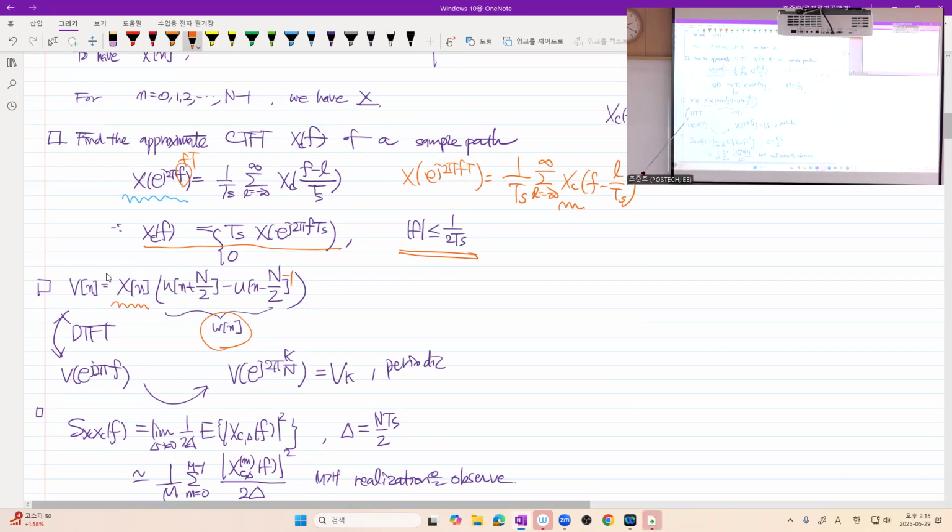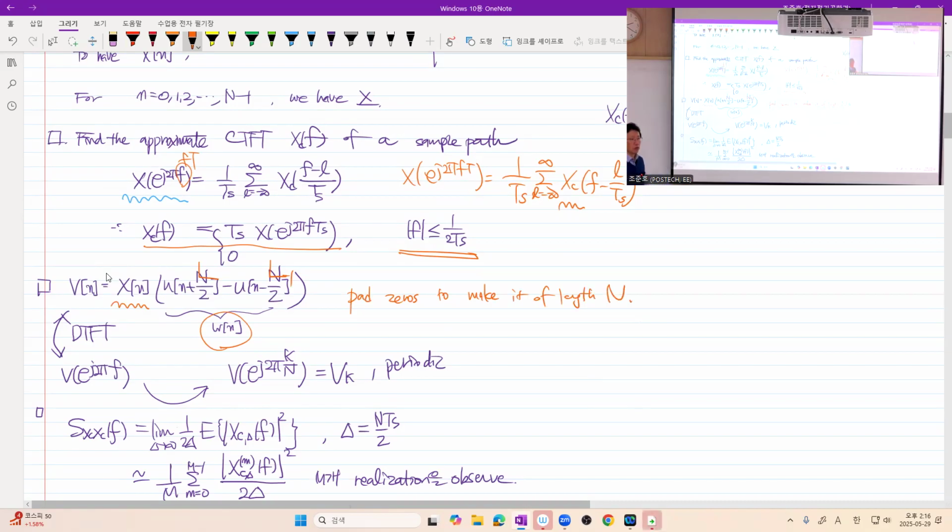The DTFT evaluated at k over N is simply the k-th DFT output of the vector v with length N, right? Of course, you can choose this as L and may pad zeros to make it of length N.